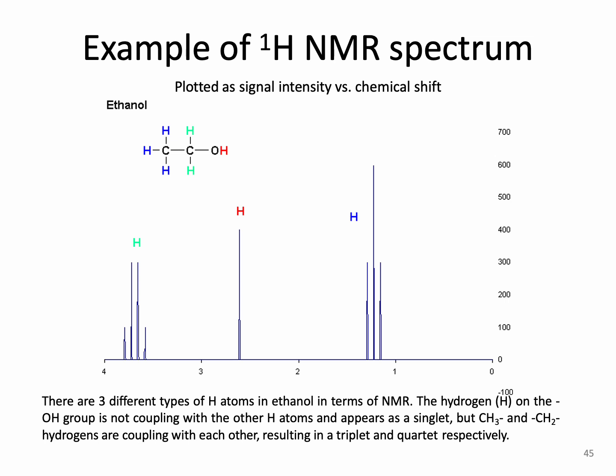That's what you see in the middle. The CH3 and CH2 hydrogens are coupling with each other, resulting in a triplet and quartet respectively. That's what you see on the left side and the right side: a quartet on one side and a triplet on the other. With this type of analysis, we are able to look into the signal intensity versus chemical shift using the NMR.